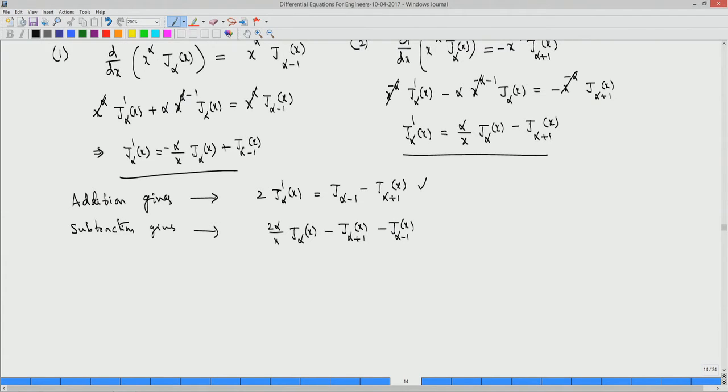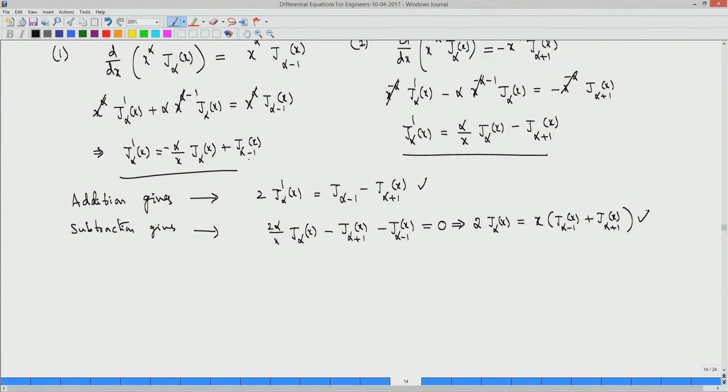So, subtraction will give you 2 alpha J alpha of x equal to x times J alpha minus 1 of x plus J alpha plus 1 of x. So, this is what you have.